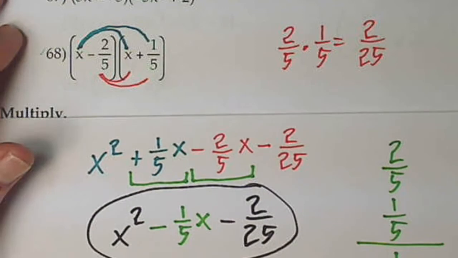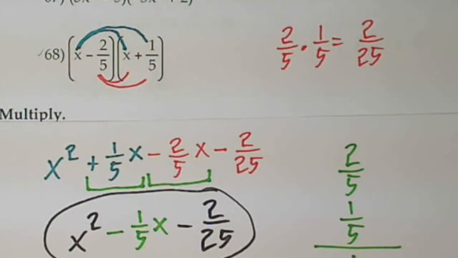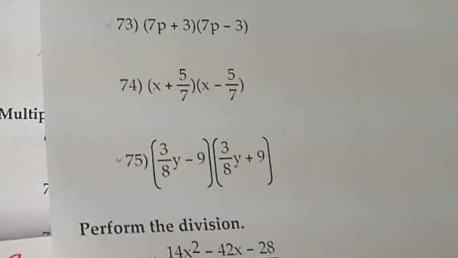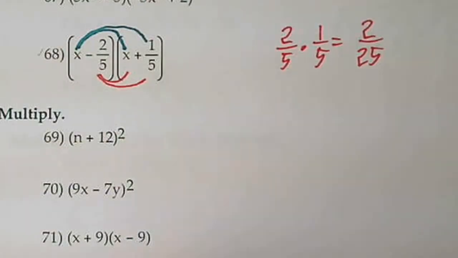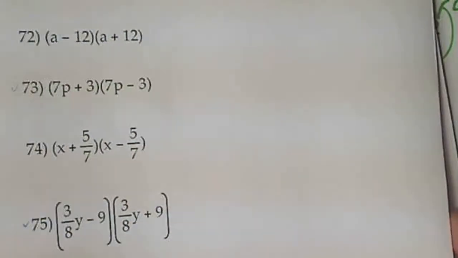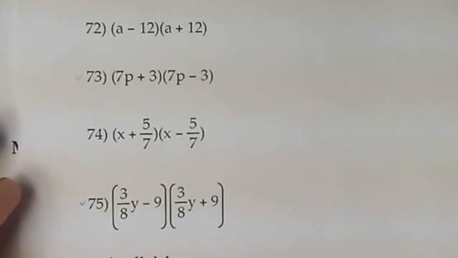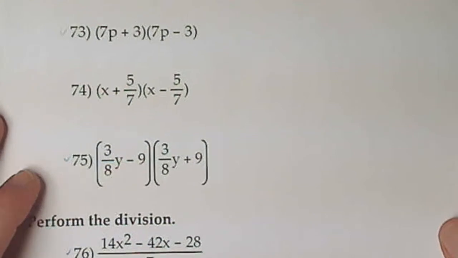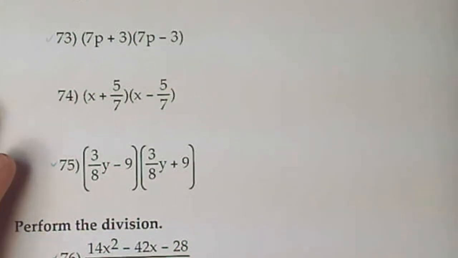Okay, 68. We're also going to do 73. So let's take a look at 73 here. Sorry for all the shuffling around. 73. Ready to go.